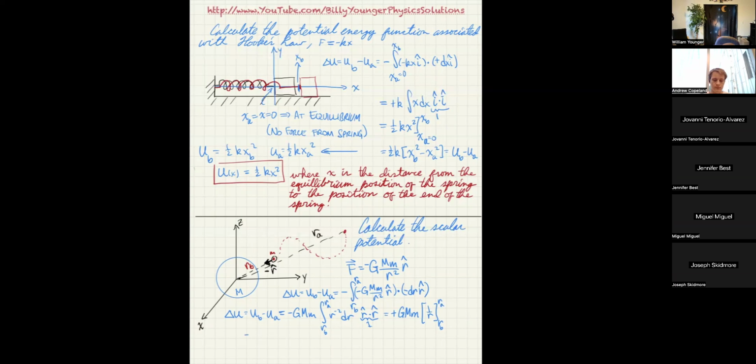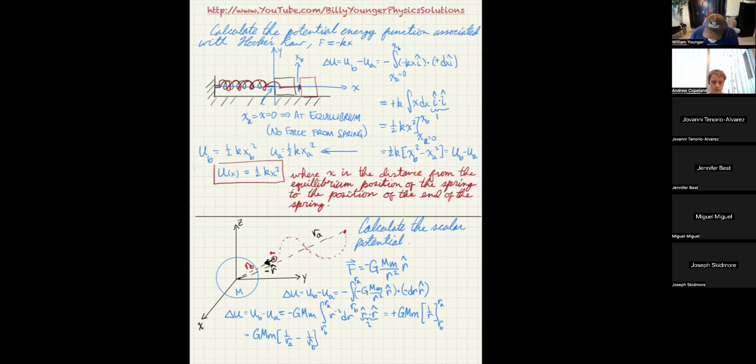So this is equal to GMM times 1 over RA minus 1 over RB. And what you see right now is that RA is really a larger quantity, which means 1 over RA is a smaller quantity than 1 over RB. So what I have right now is an actual negative quantity. But that's just something to keep in mind.